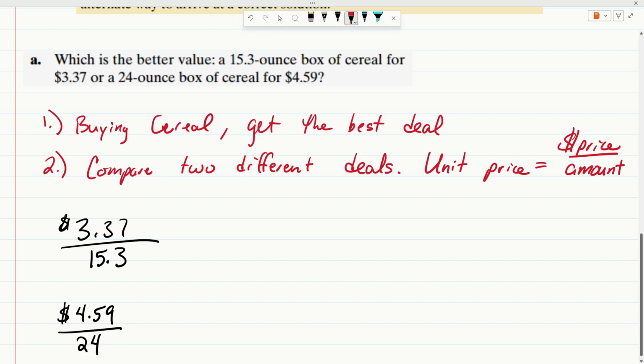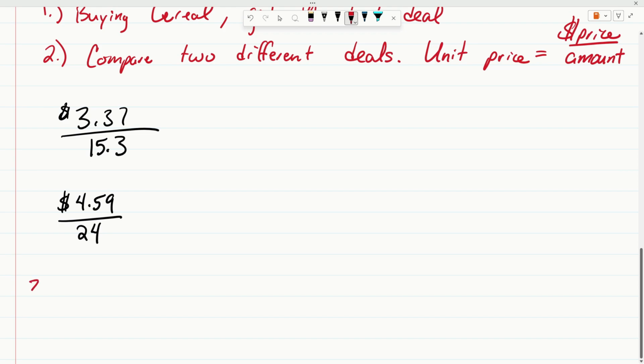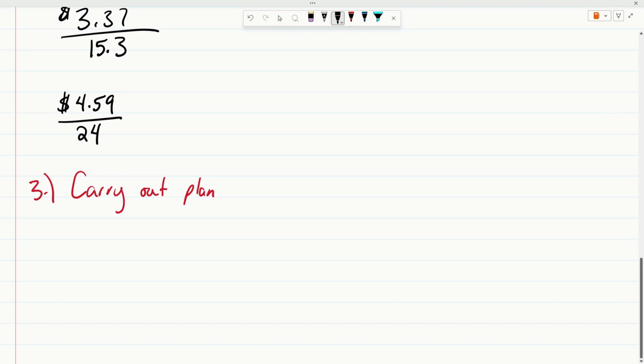Now, step 3 is just to carry out the plan. That just means go ahead and do your math. So, we have $3.37 over 15.3. I'm just going to do this off to the side here on my calculator.